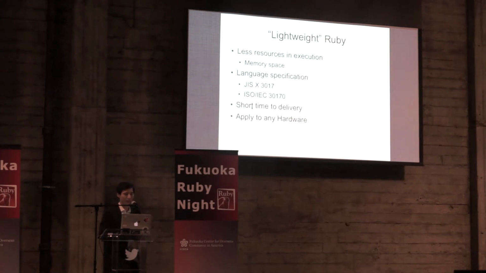So it is very small. And the language specification is defined by ISO or JIS standard. So this language is lightweight. Libraries or some special features are restricted, but this is based on the standard of Ruby.